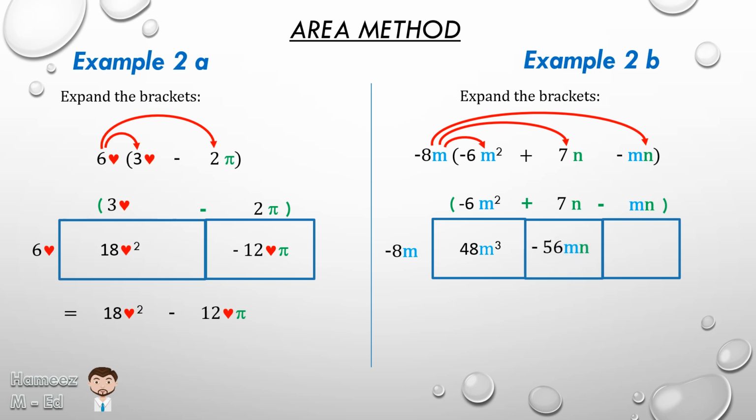And we have a positive and a negative, so that means this is minus 8m squared. And for the third term now, we have to multiply the minus 8m by mn, and that will give us 8m squared n. And we have two negatives, so that will give us a positive. And we've completed the question. 48m cubed minus 56mn plus 8m squared n.